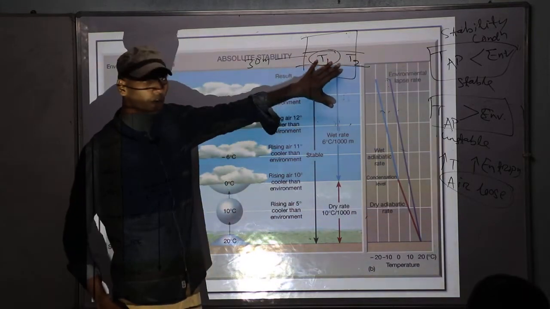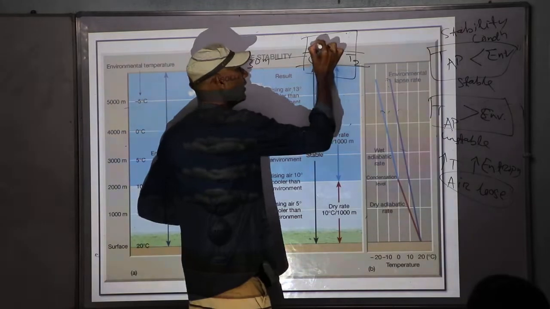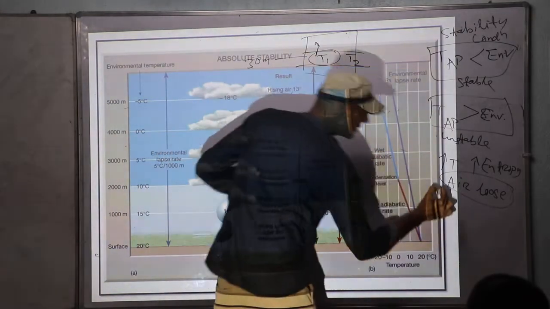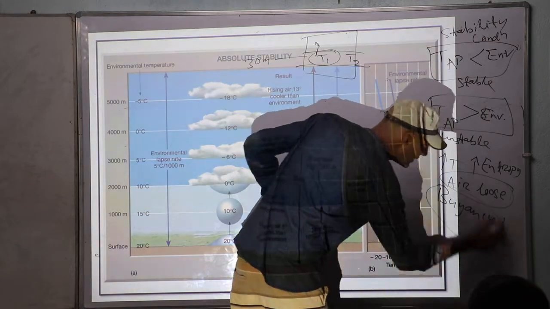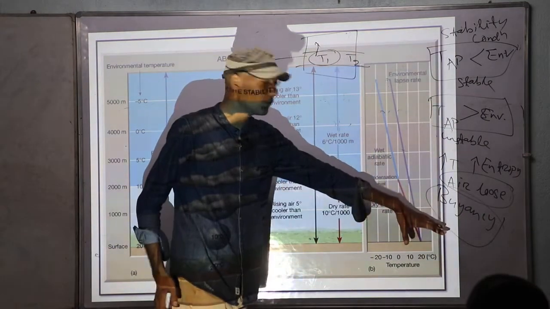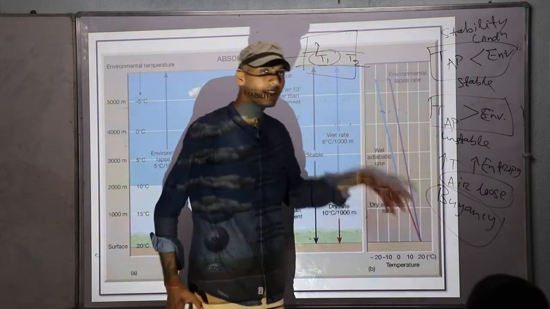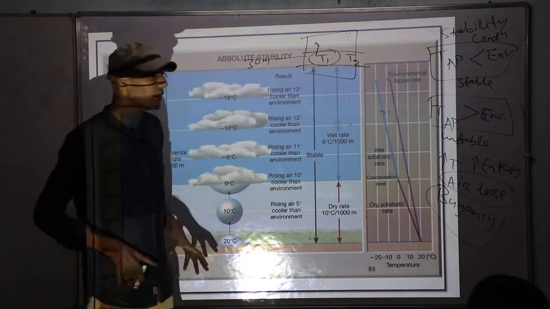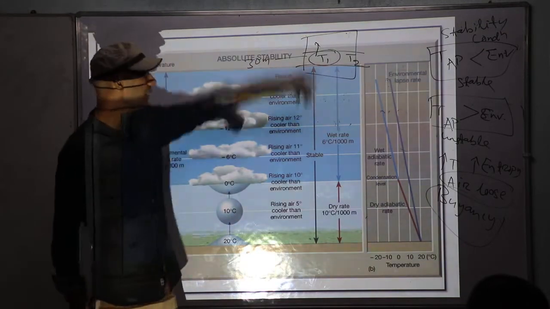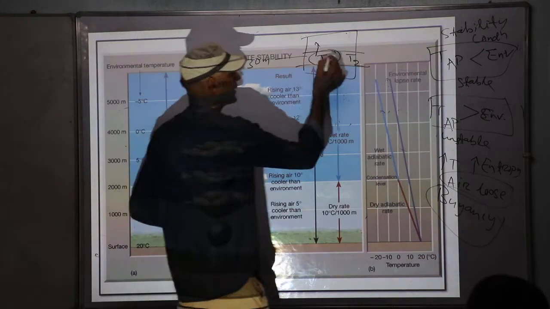It will become loose, so that it will tend to move upward because there is increase in buoyancy. So what is buoyancy? Buoyancy means upward rising force, that is from inside of the air parcel. Because it becomes loose as compared to its surrounding, it will tend to move upward, to the higher altitude.